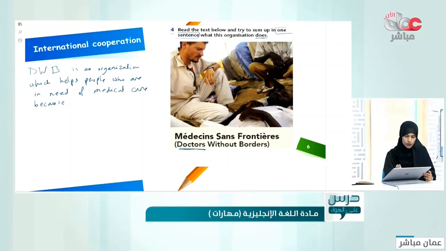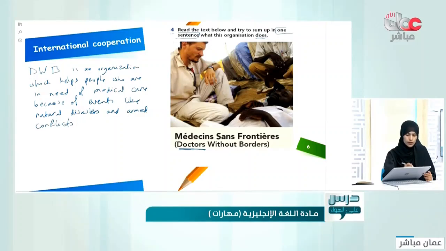So because of events like natural disasters and armed conflicts. Armed conflicts means when there are wars and those people need help, so Doctors Without Borders go and help them.